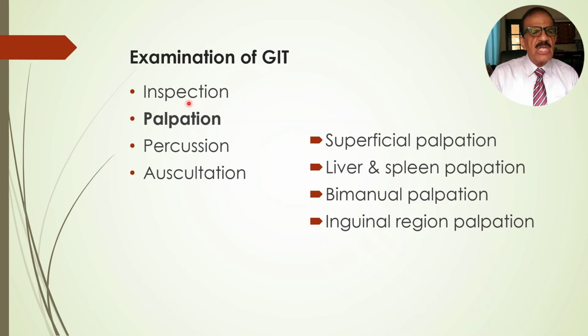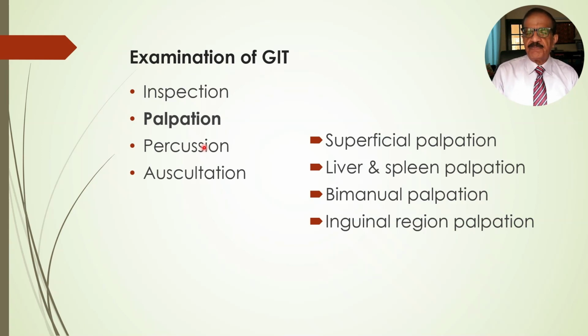Now remember, this inspection, palpation, percussion, auscultation sequence is made for the sake of description. In real practice, you don't actually have to follow this pattern exactly, as sometimes we inspect and palpate at the same time.